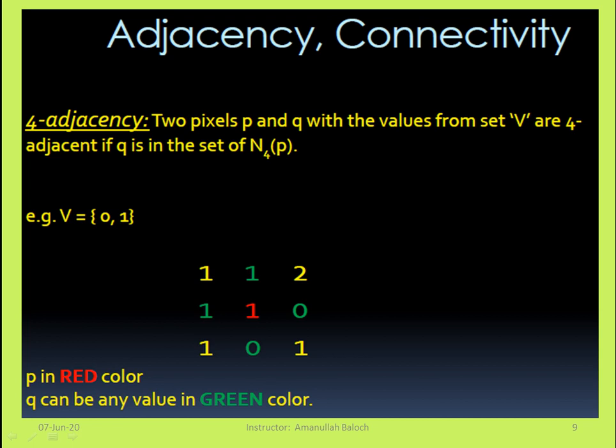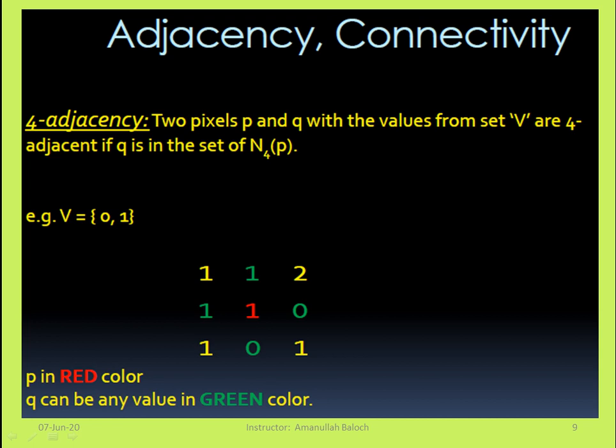We have already discussed these 4 neighbors of p. 2 neighbors lie at the vertical position, while 2 neighbors lie at the horizontal position from this central pixel. These are the 4 neighbors N4 of p. Here V is equal to 0, 1. It means we will consider the neighbor whose value will be 0 or 1.